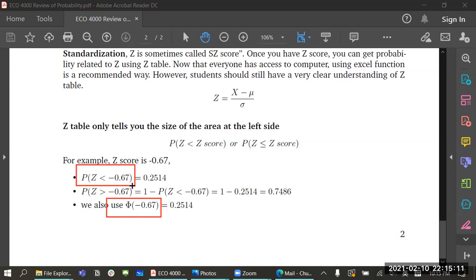Phi 3.2 means z smaller than 3.2. Phi of something means the probability of z smaller than something, where z is the standard normal distribution. It's a fixed distribution and I know the value of it. And how do I find the value of it? I use ZTable. ZTable tells me phi, which is always the size of the area at the left side.